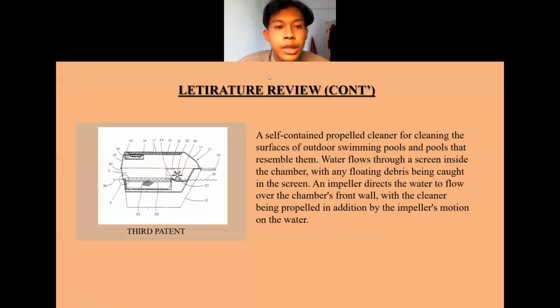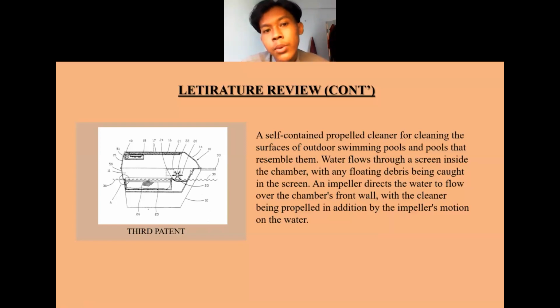So last but not least, the third patent: a self-contained pool cleaner for cleaning the surface of outdoor swimming pools and similar pools. This patent is the same as the first one, using a motor that we see here.